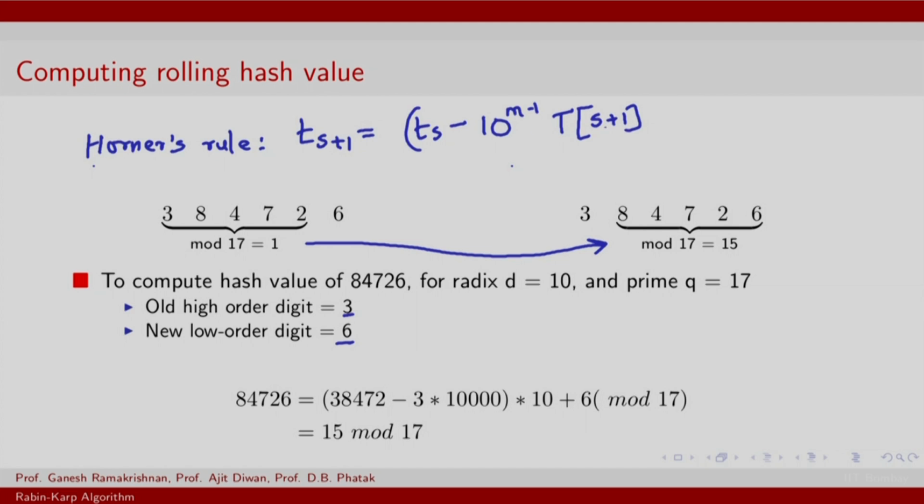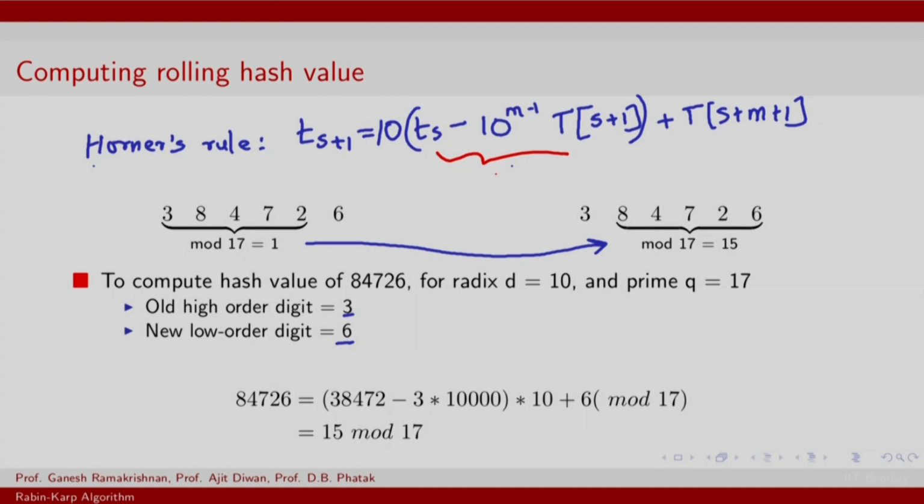However, after the subtraction I need to do a left shift in order to insert 6. So this left shift can be achieved by multiplying by the same base 10, and to this we can add the new digit t of s plus m plus 1.